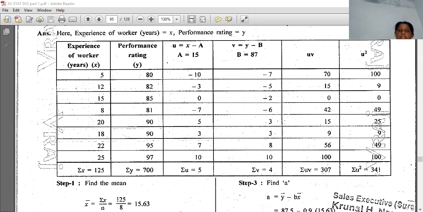And I told you that sigma U square and sigma U the whole square both are different, so be careful, because many students make mistakes in this only. In these 5 mark questions, the main mistake is doing the total wrong. They are always in a hurry, so they are not cross checking the total once or twice.